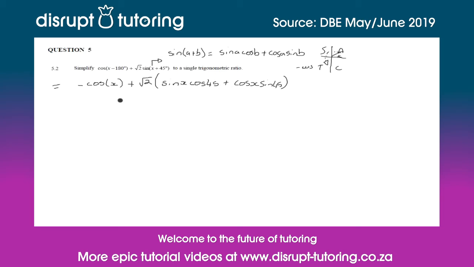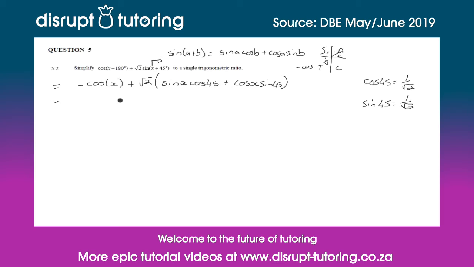Cos of 45 and sine of 45 are special angles, and you should know this off by heart: cos of 45 is 1 over root 2, and sine of 45 is also 1 over root 2.